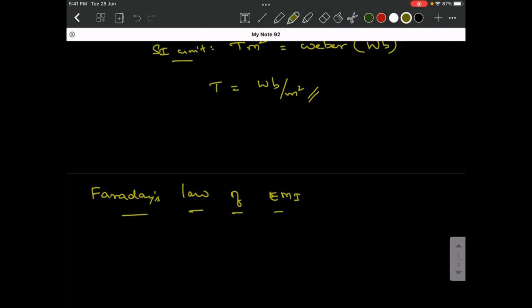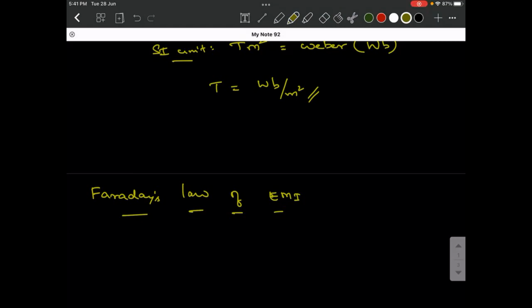If there is a relative motion existing between the magnetic source and the pickup coil. Why am I calling it a pickup coil? Because it is the one which is picking up the EMF.